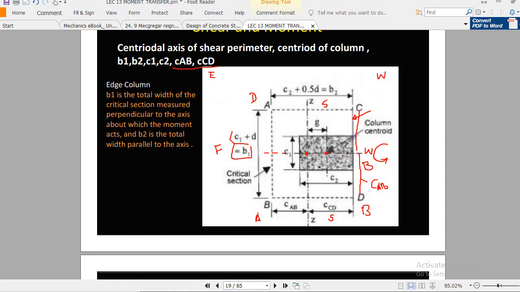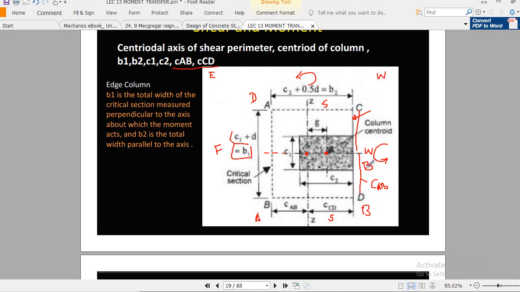Let's say the moment is acting about the Z axis. In that case, remember, the Z axis is close to the AB face, and from the AB face the distance to the centroidal axis, the Z axis, is CAB, right?